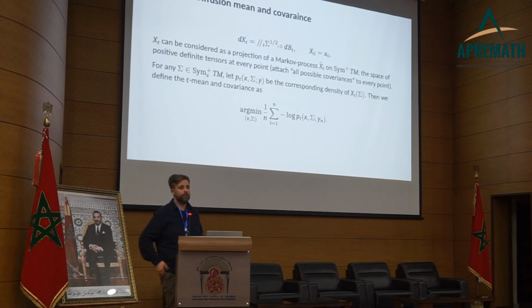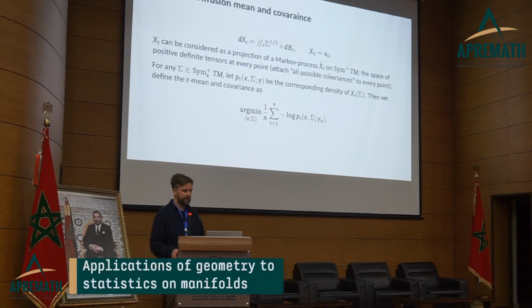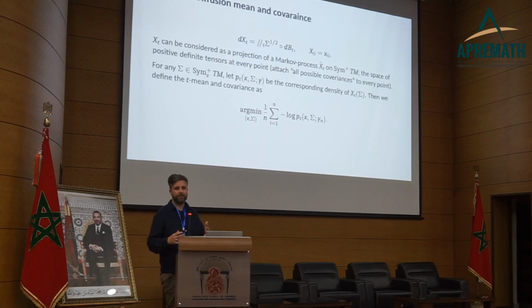So the way we solve this problem is that you can see that this process downstairs, solving this equation, is actually a projection of some Markov process which lives in a larger space. This larger space I wrote as Sym plus TM, and you can basically consider that I have my manifold, and then at every point I glue all the symmetric transformations from each tangent space to itself.